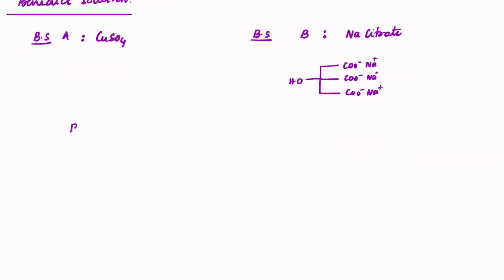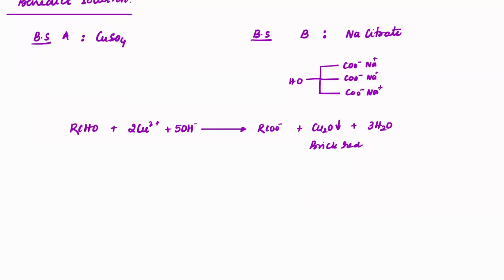So let me write the overall reaction here also. RCHO plus 2 moles of Cu2 plus 5 moles of OH minus. That would give us RCOO minus plus Cu2O, a brick red precipitate, plus 3 moles of H2O. So this is the overall reaction.